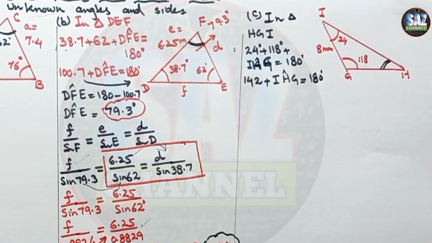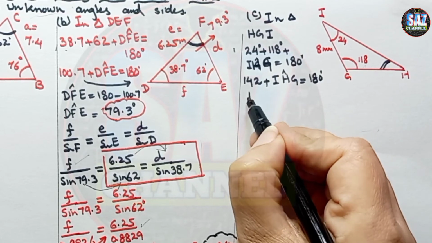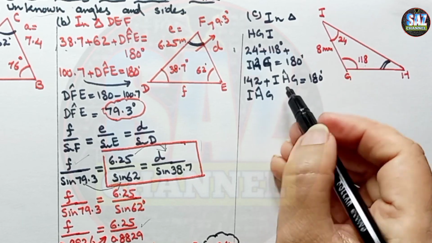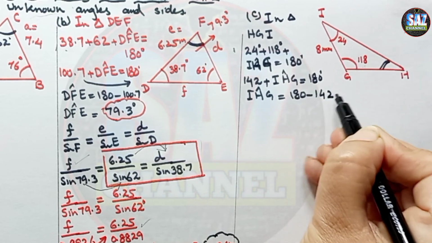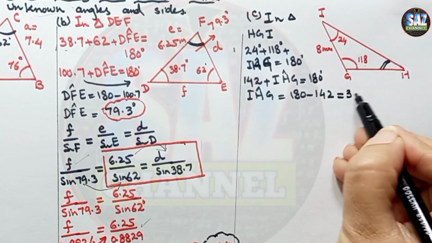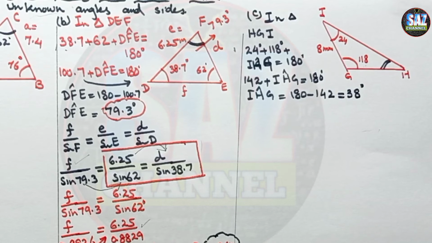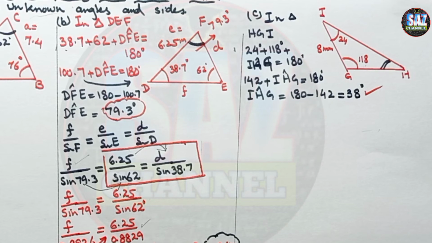Shift 142 to the other side and take this away from 180 degrees. Angle IHG equals 180 minus 142, which is 38 degrees. We have solved one of the problems here. Very easy questions, because we have done a lot about the sum of interior angles of triangles in D1.